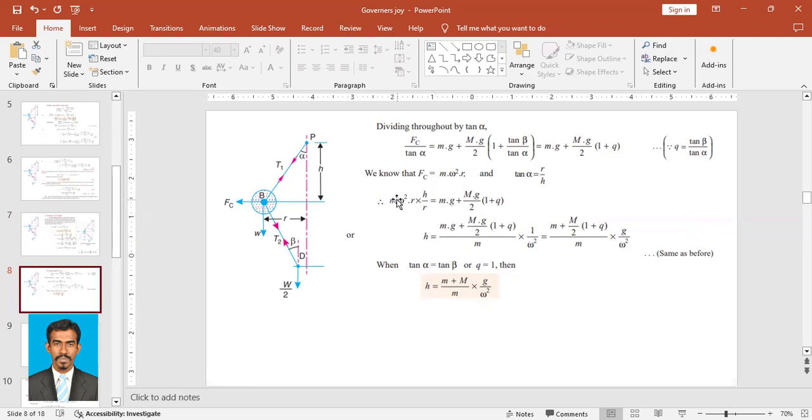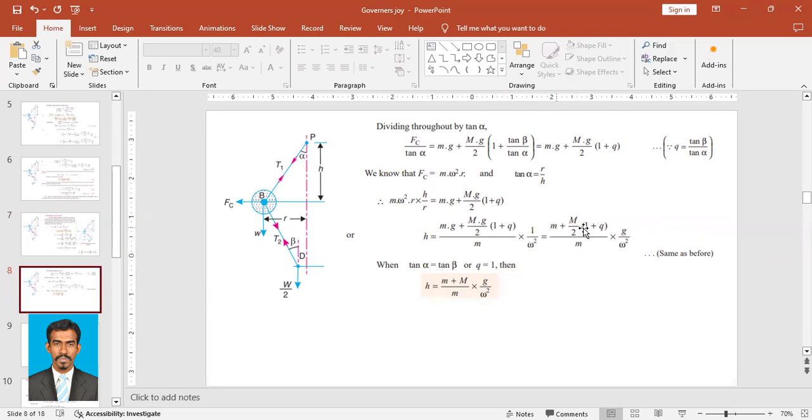So h is equal to, we take this m omega squared to this side: mg plus capital Mg by 2 into 1 plus q upon m omega squared. So that is equal to m plus capital M by 2 into 1 plus q into g upon m omega squared. I am taking this g to this location. So m plus capital M by 2 into 1 plus q g upon omega squared.